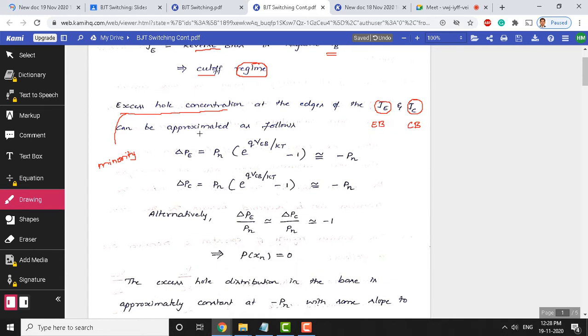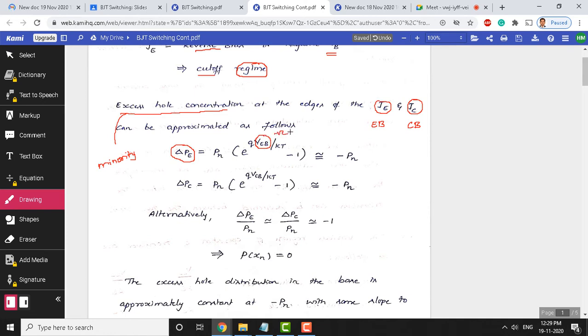Now let us see the equations for excess hole concentration. From PN junction theory, I am rewriting these equations once again. Delta P, the excess hole concentration at the emitter junction, is given by Pn times e to the power of qVEB by kT, minus 1. Since both junctions are reverse biased, this VEB value becomes negative.